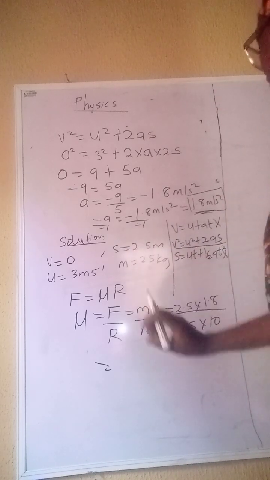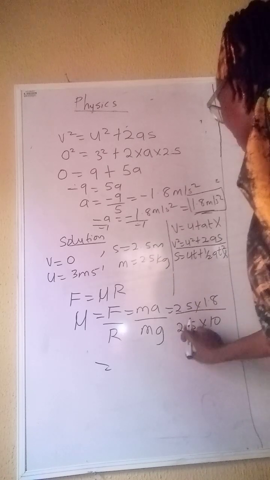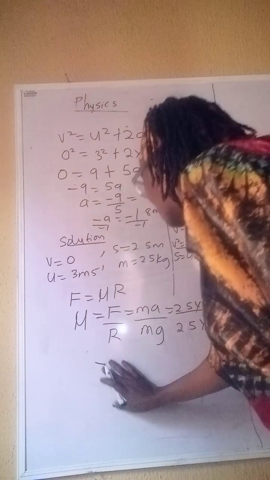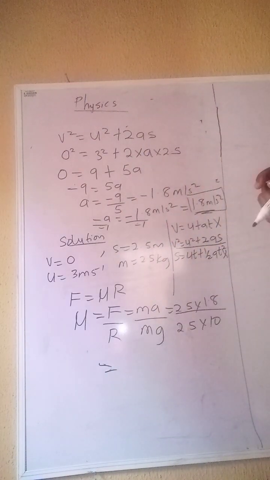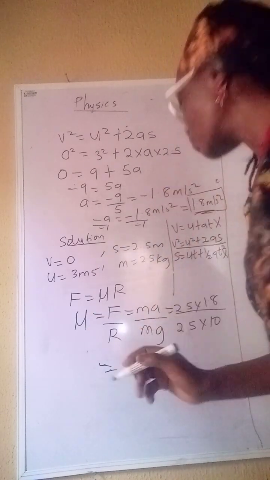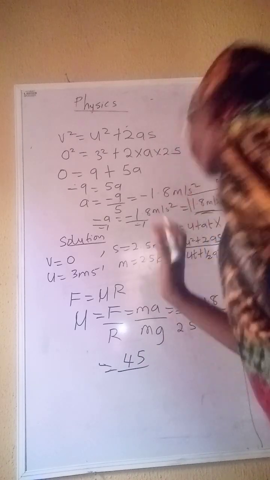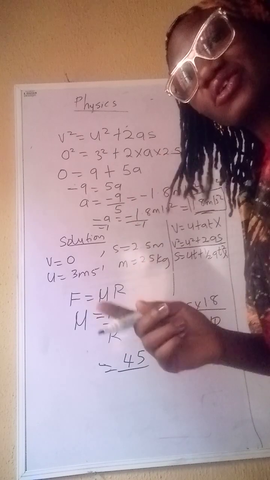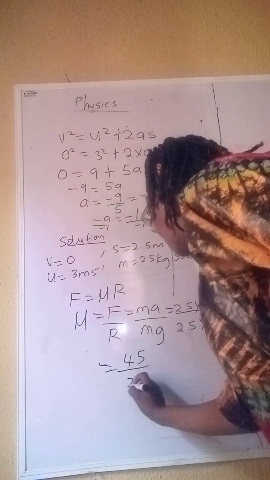It's the distance that is 2.5. From the question we read, the mass is 25. So we have 25 times 1.8. If you punch your calculator, you have 45. Then 25 times 10. If you don't know how to do it off head, you can still punch your calculator. It will give you 250.